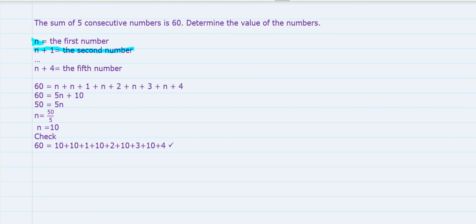So let's rewrite our expression. We've said that 60 is the same as the sum of 5 consecutive numbers. So the first number is n, our second number is n plus 1, our third number is n plus 2, our fourth number is n plus 3, and our fifth number is n plus 4.